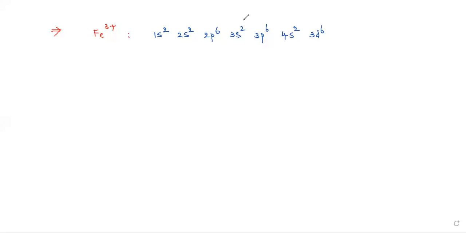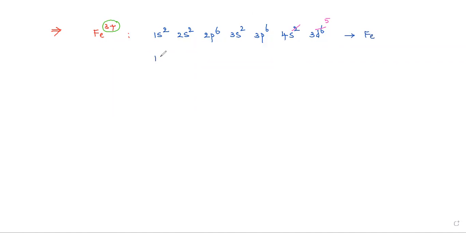Now, because it is plus 3, let me just remove electrons. I mean, first these 2, then 1 electron from this, and I'll be left with 5 electrons. This is the configuration of iron.